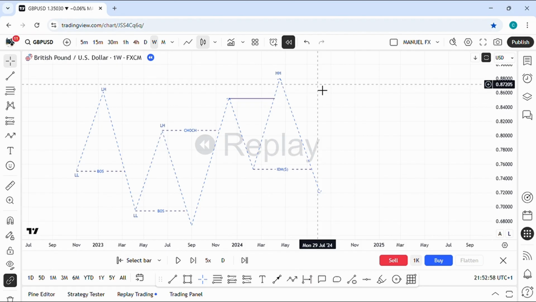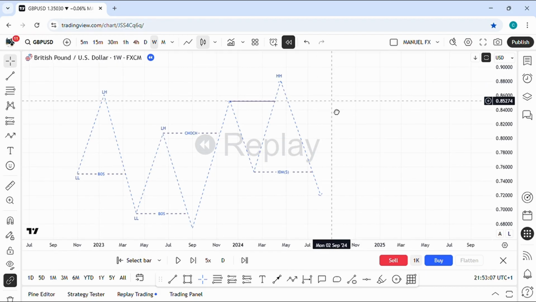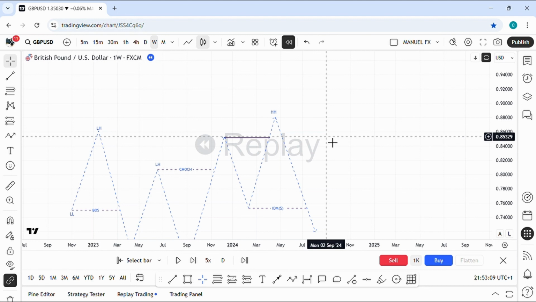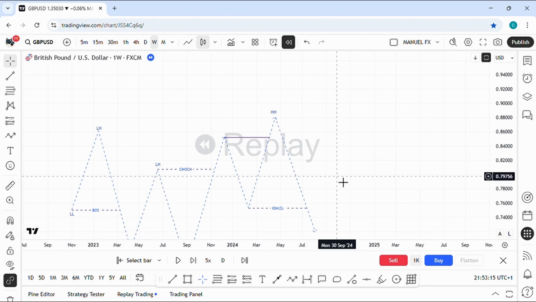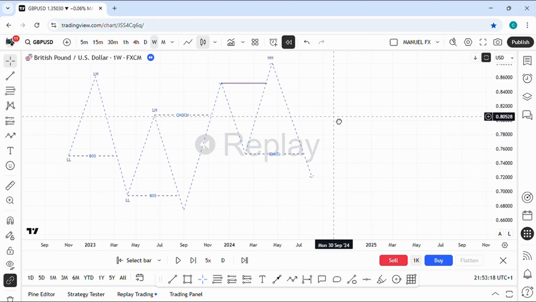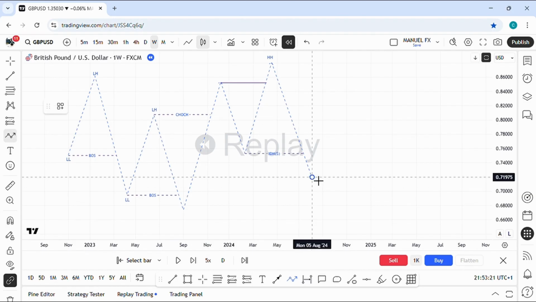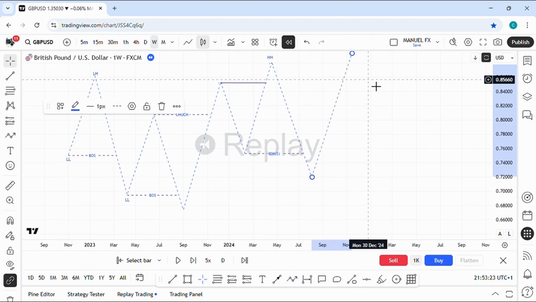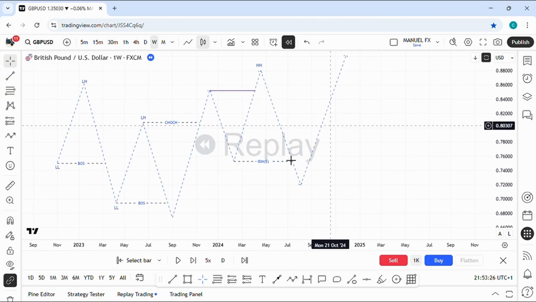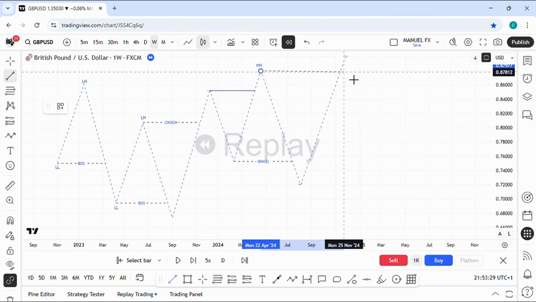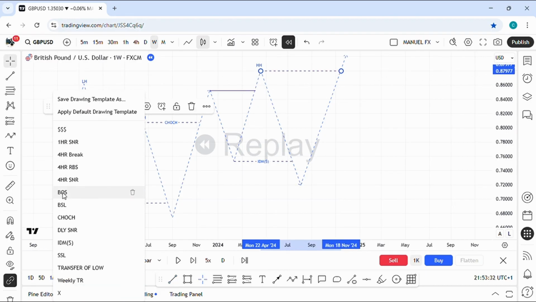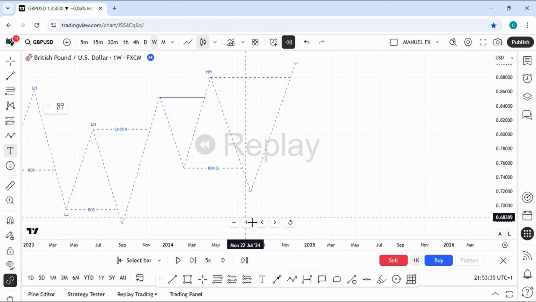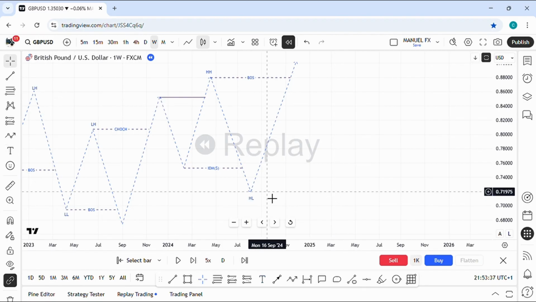So since I now have spotted my higher high, what else? The same thing keeps repeating itself. Next thing, a break of structure. Next thing, inducement. Next thing, break of structure. It keeps going like that until price decides to take out the previous higher low before we can confirm our change of character again.